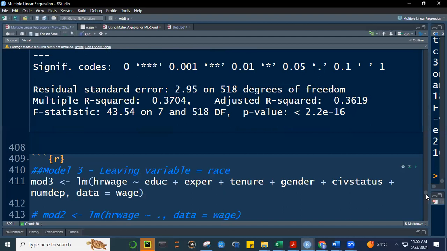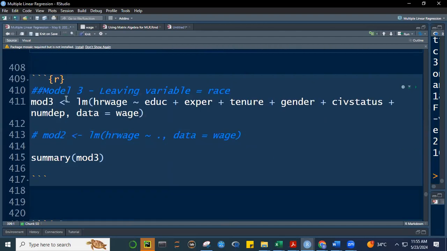Okay, so what we did last time was we came up with model number 3, where the leaving variable is equal to race. How did we choose race? Race is the one with the lowest absolute t-value. Or corollarily, it will be the one usually that will have the highest p-value, the least significant.